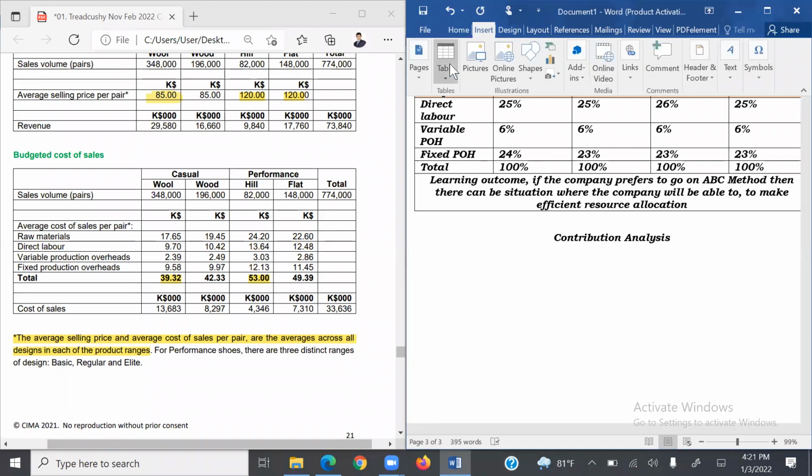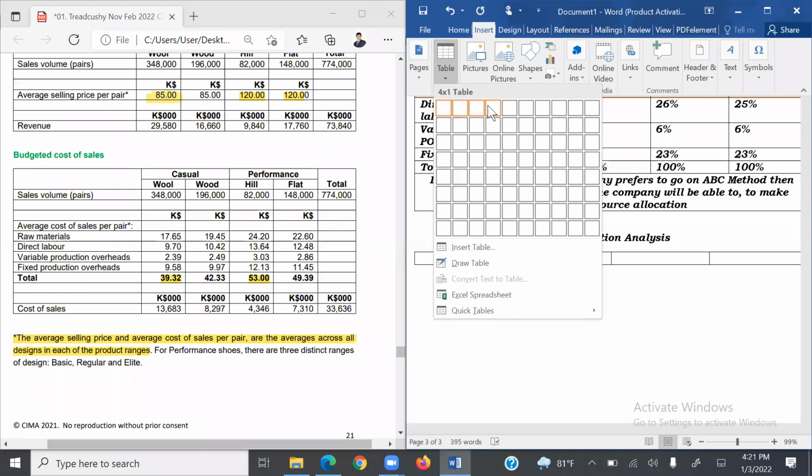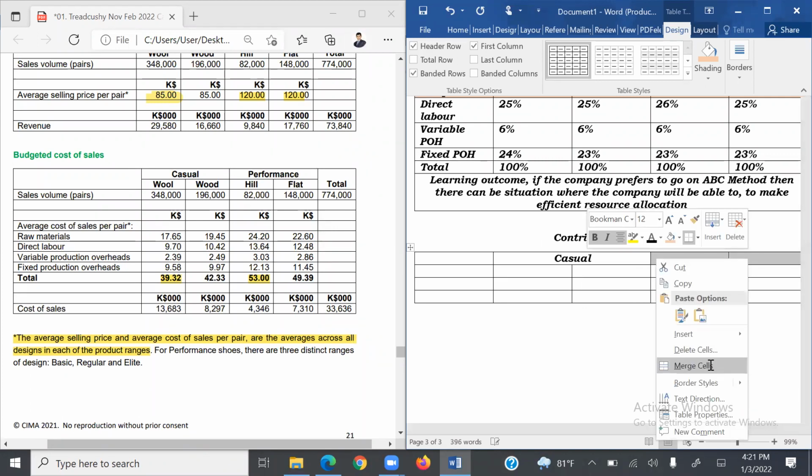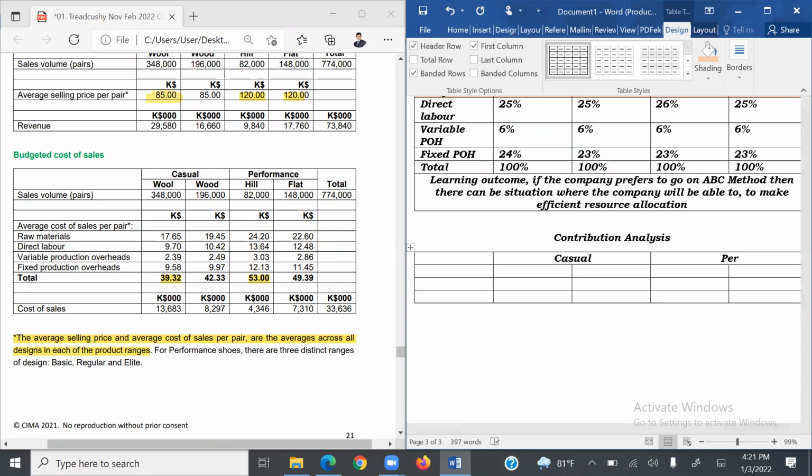What we need to do is split it into the following ranges, so that it gives you the application of the things as much as possible. I'll write down here, merge it, and put as casual. That is very simple. Then I will also write down here as performance.